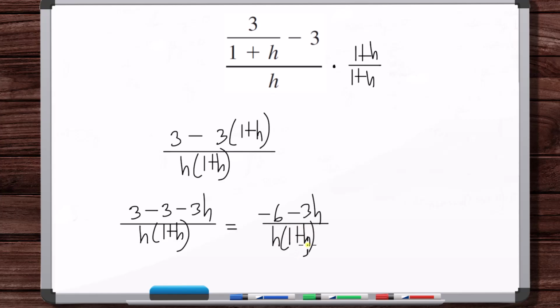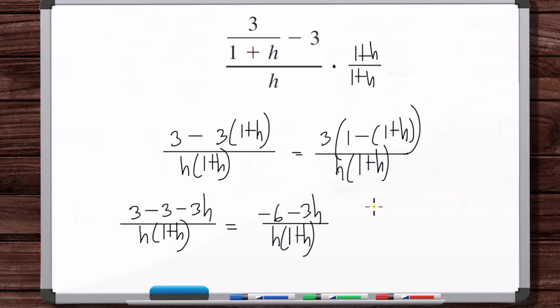Times 1 plus h. So, okay, let's just see if we factor out a 3 here. What do we get? 1 minus 1 plus h. So 1 minus 1 minus h.